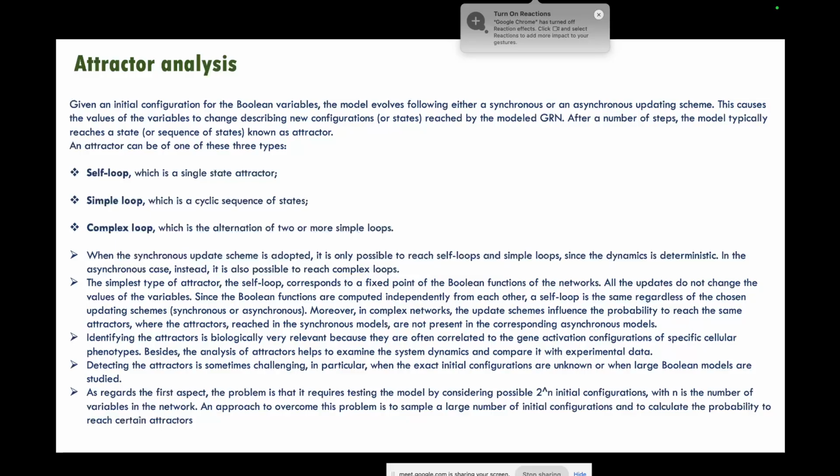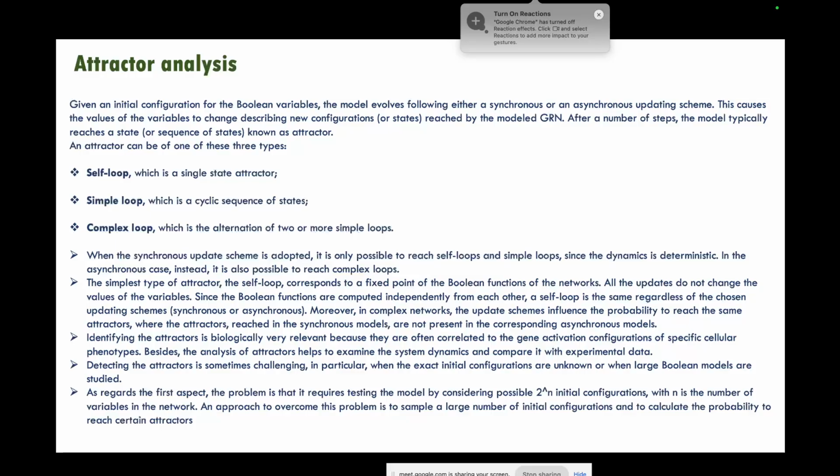But the idea is that you can generate very specific types of attractor states for asynchronous models compared to synchronous models. In synchronous models, you can get self loops and simple loops, and the dynamics will be deterministic. But in an asynchronous case, it is more possible to reach complex loops, basically switching between two different loops, and the update schemes influence the probability of reaching the same attractors.